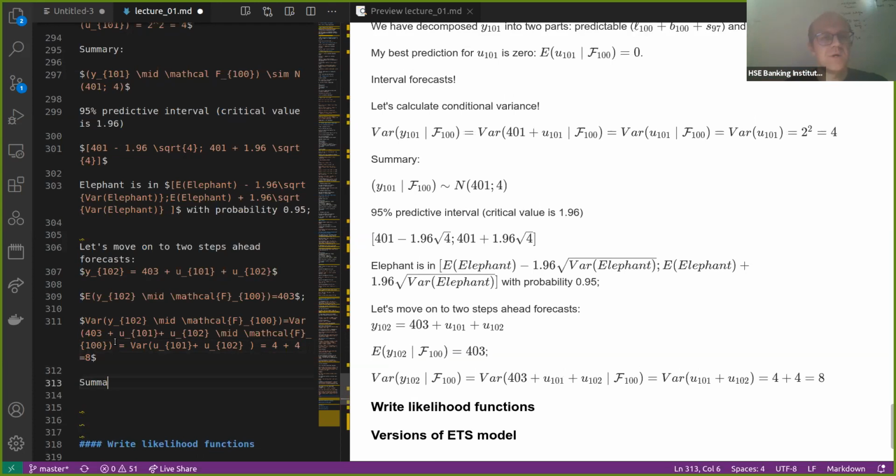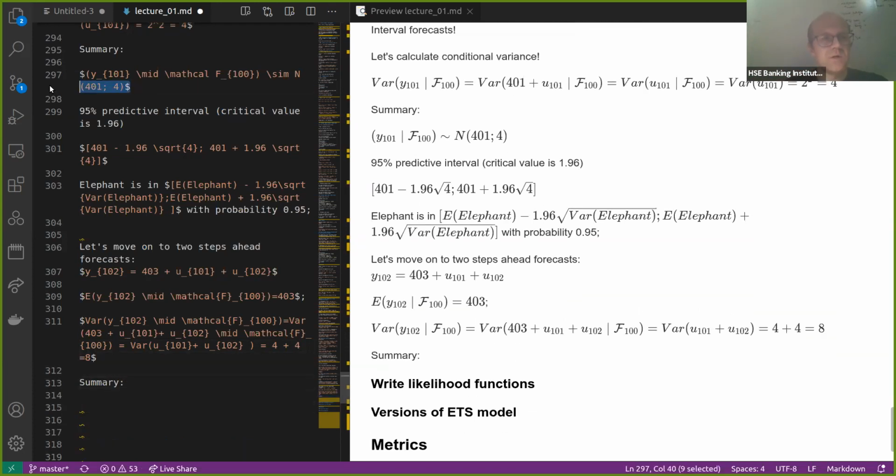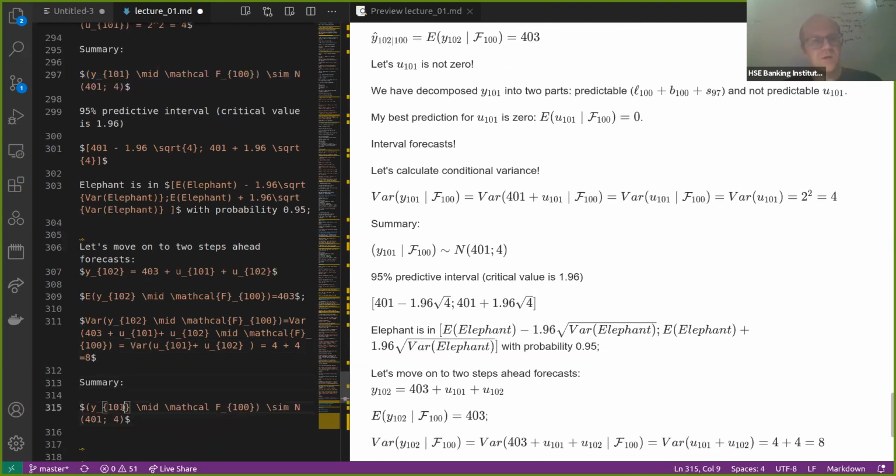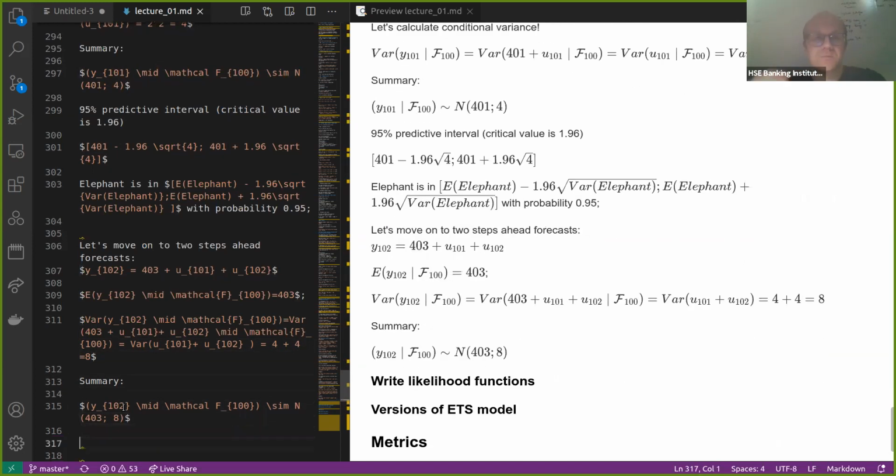And now I have the summary. I will just copy the summary from the 1 step ahead forecast. And now the expected value has changed and the variance has changed. I think that's all.